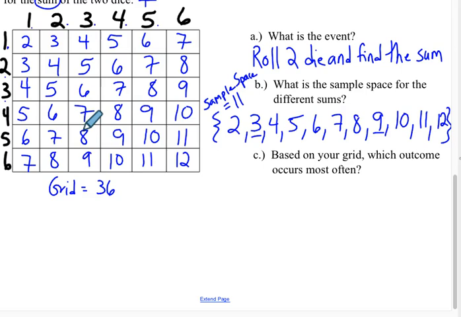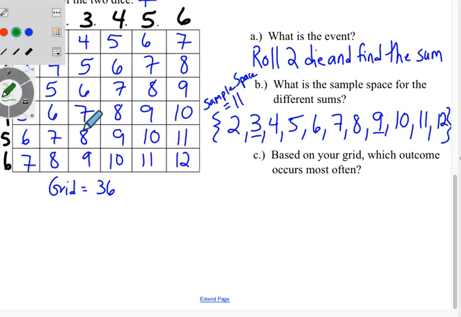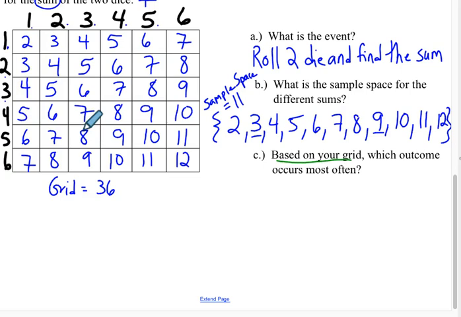Because somebody might ask, well, why can't I just do the sample space without having to do all the work of completing that grid? Well, part C tells you why. Based on the grid, which outcome occurs most often? I'm going to look at this blue array of numbers, and I notice that 7 seems to appear the most often.